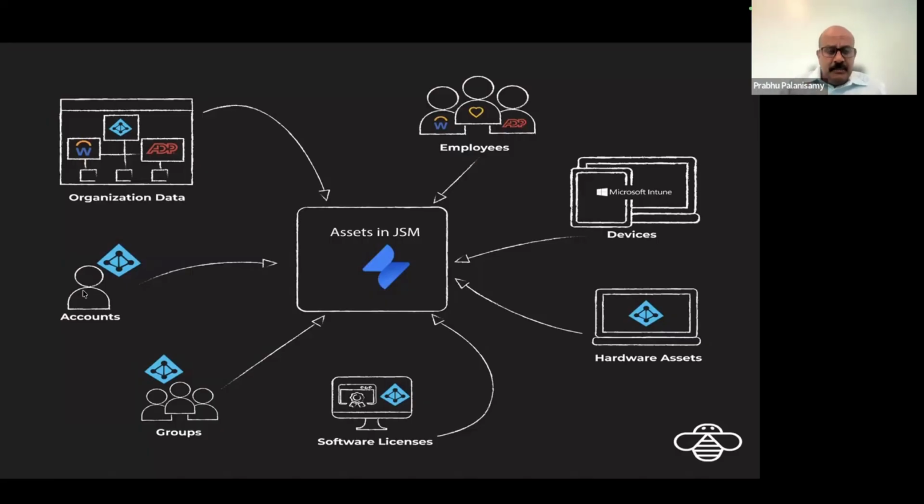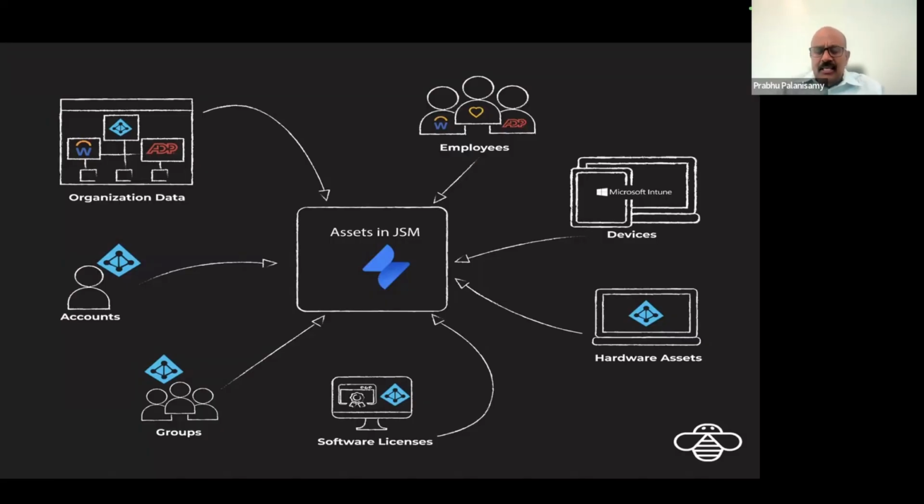Stepping it up with the identity management data. This is your Azure Active Directory, Entra ID, Okta, SailPoint, your identity management platform, where you can bring in the role, the group, the licenses, the entitlements, which is all having an entity relationship at the employee level.